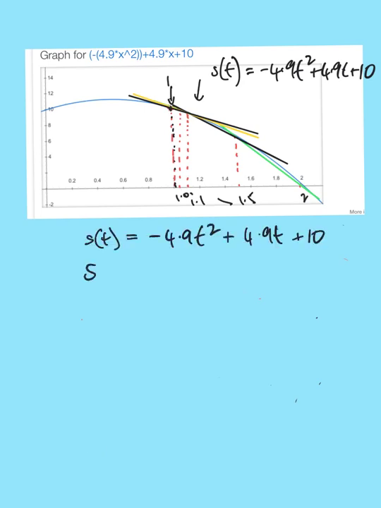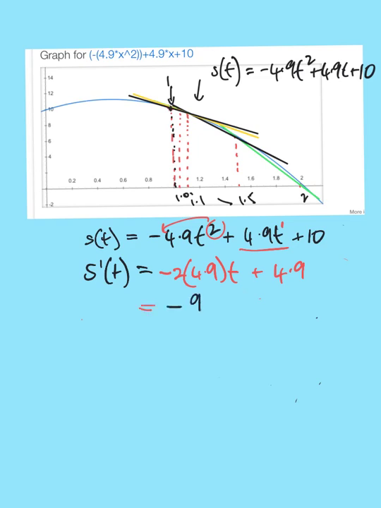So if we differentiate this equation, we will get the gradient function. So remember the rules, we take this power, so that's negative 2 times 4.9, and then minus the power, that's going to be t just to the power of 1, and here we just end up with 4.9, because imagine that's 1 there. So now let's calculate that out.